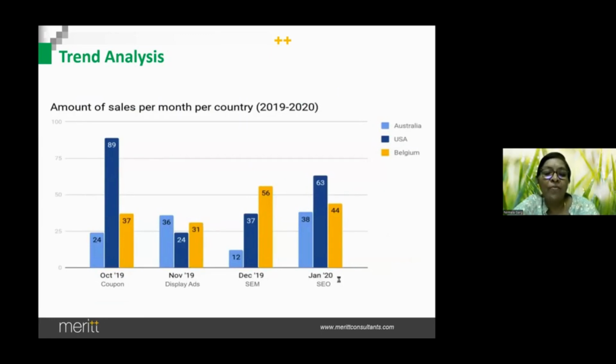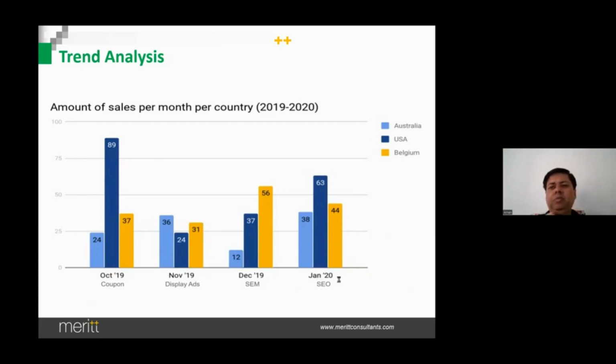You have data for every month, October, November, December, January. So how will you read this data? And this is sales per month in these countries, Australia, USA, and Belgium. So what does it mean when I say trend analysis? It shows how the sales are performing for the different months in the different countries.